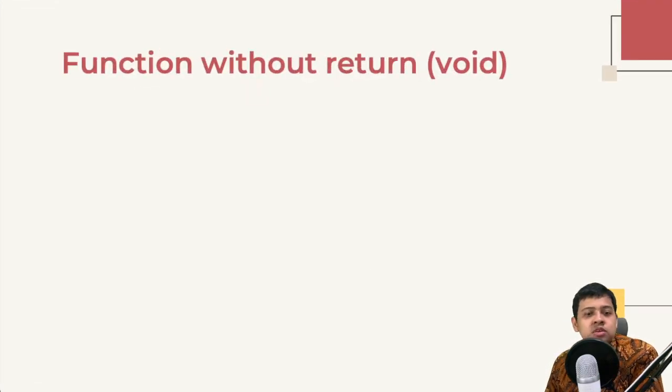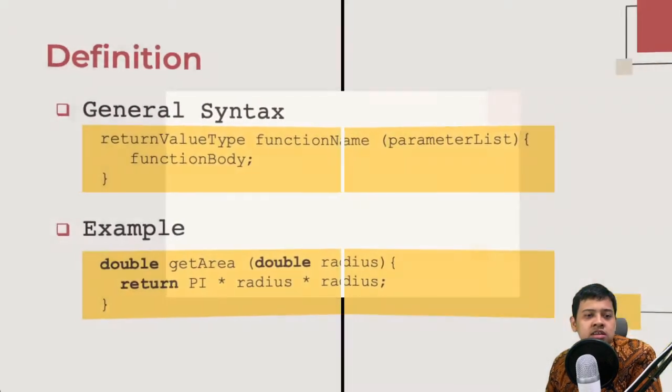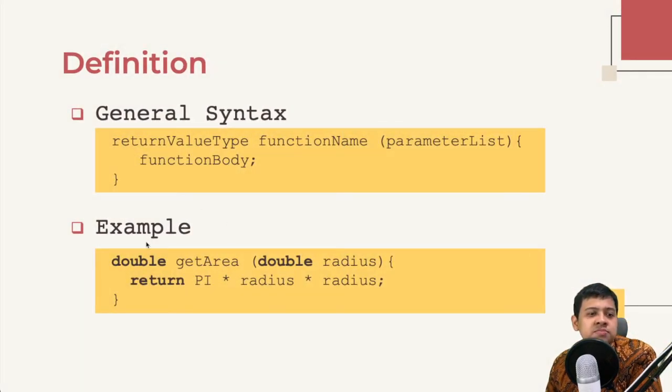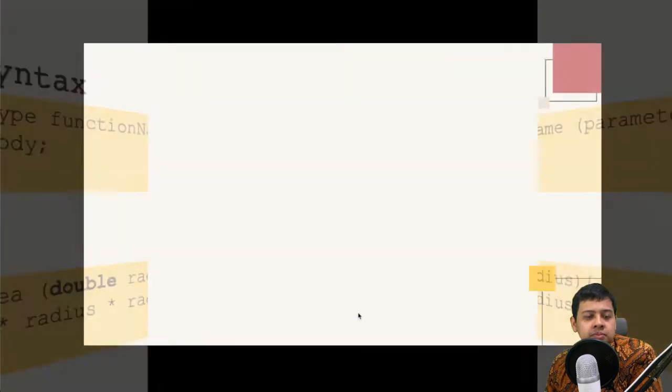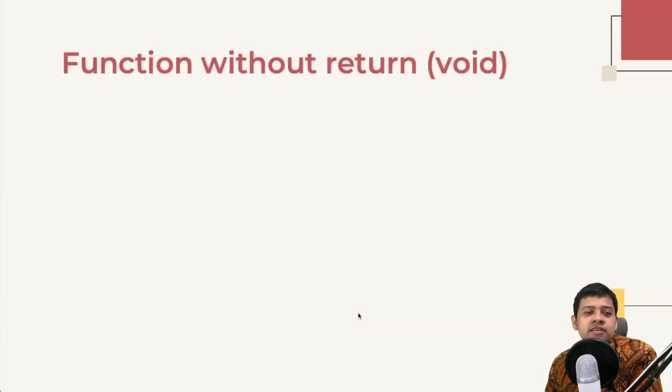Now we have a special type of function, which is a function without a return. If we see here, the expected return is double, and we return something to getArea, which will then be used for the further program. But there is a type of function that doesn't return anything, or void.